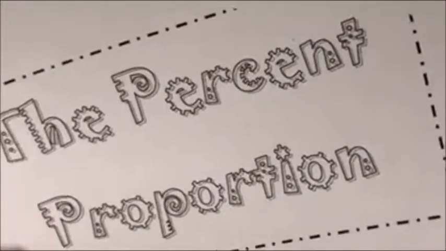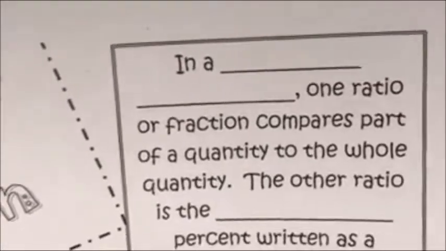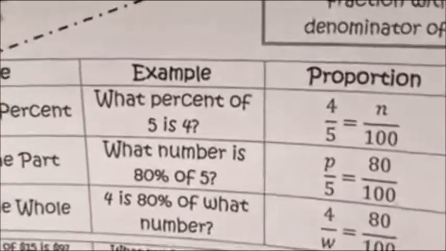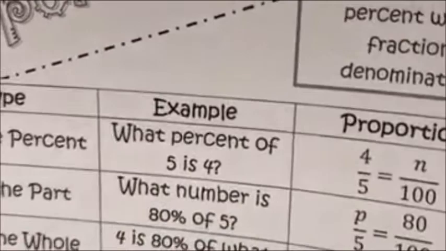Okay, now on page 34, you're going to glue in the one that says the percent proportion, okay? It has this box in the corner with a blank, blank. It also has a table: type, example, proportion. There are 2 that look very similar, so make sure you get the right one.